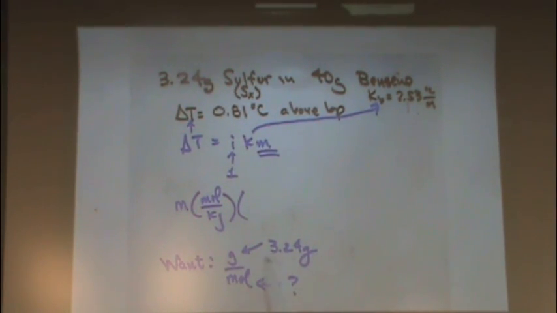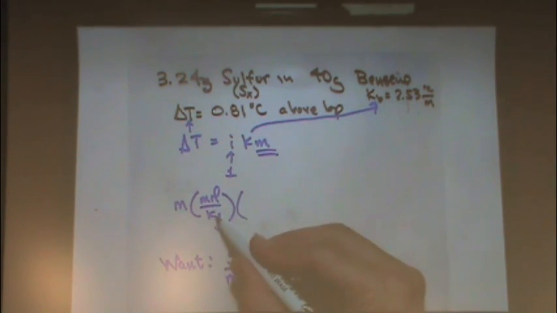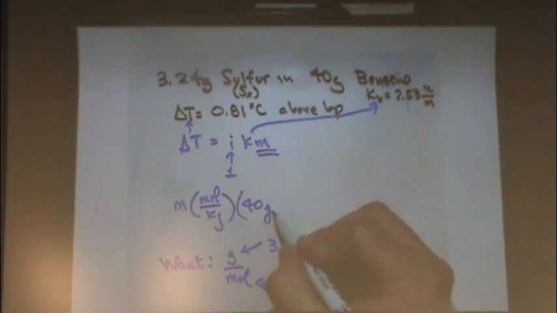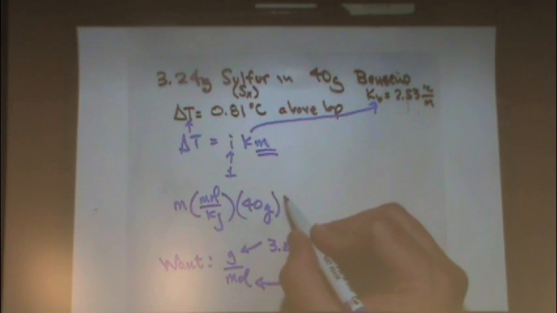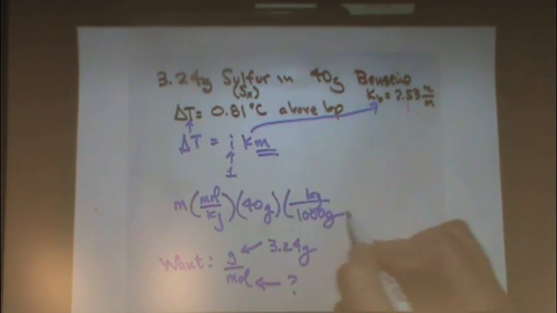They give me mass, I need moles. So to find moles, all I need to do is get rid of these kilograms here, and I know there's 40 grams of benzene. Remember, kilograms is of benzene, the solvent, and kilograms per 1,000 grams.